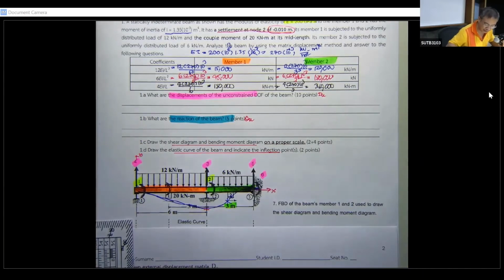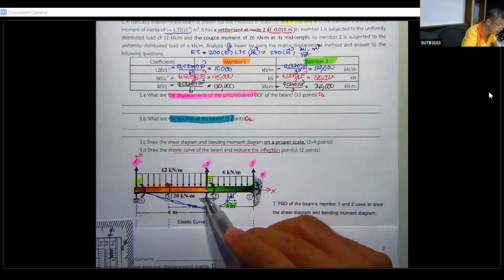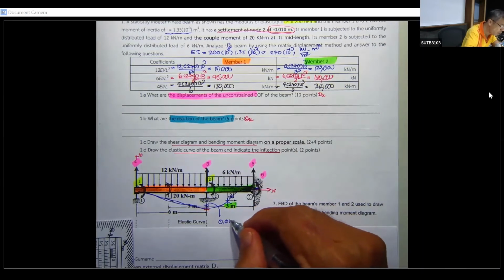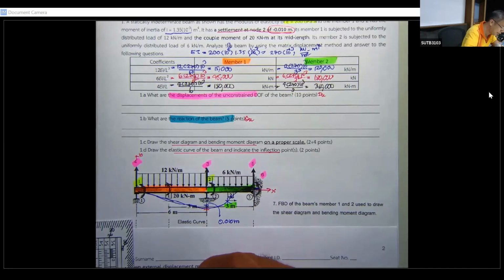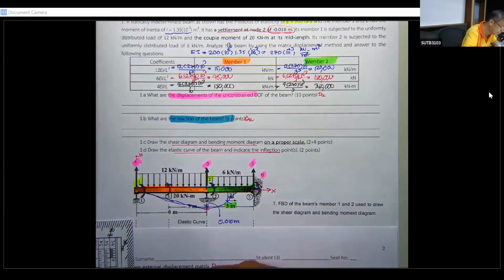So the known displacements at the supports are going to be D3, D4, D5 and D6. Following this, 4, 5, 6 are 0, but at D3 this is going to be downward for 0.010 meter. So this one will be minus 0.010 meter, and then D4 is 0 meter, D5 is 0 meter.